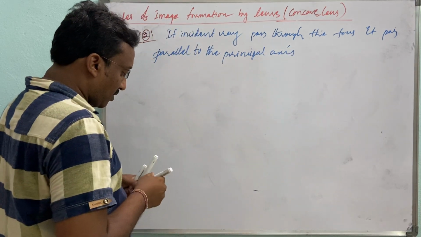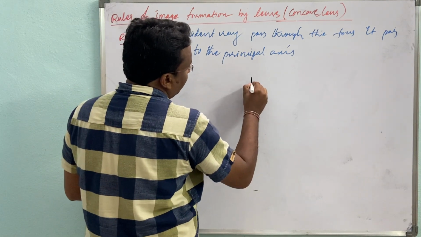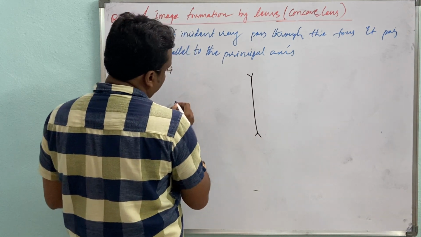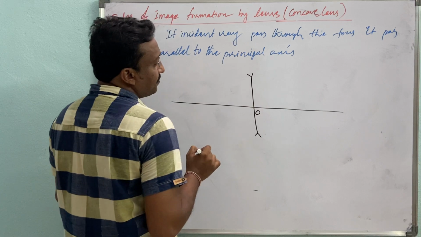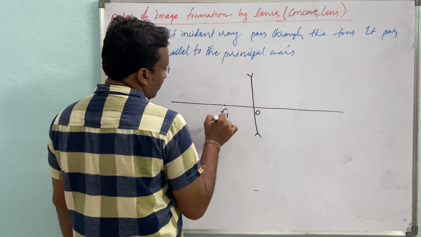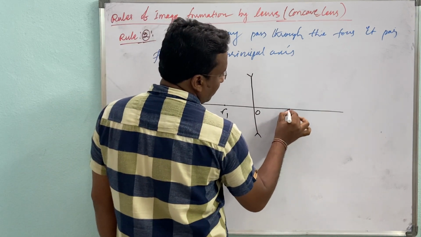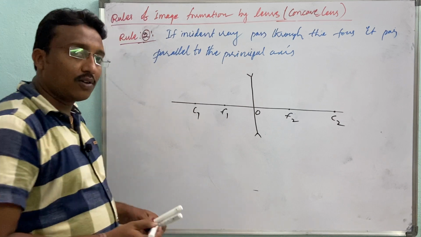Got it? Right, see here. This is concave lens, optic center, focus and center of curvature, focus and center of curvature. Got it?